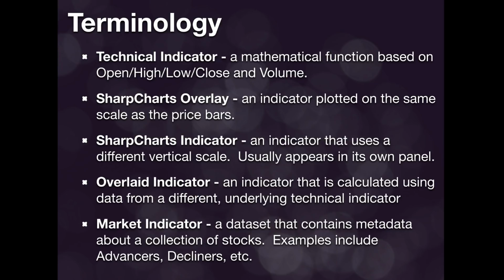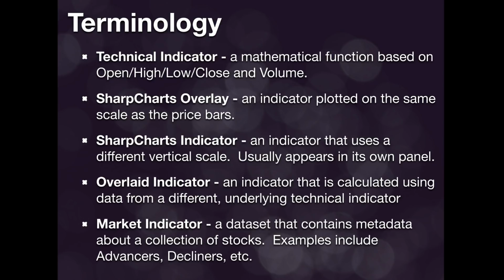We want to talk about this terminology. There are a couple of different things where we use the same word in different ways, and so I want to be clear on that. First off, in general, StockCharts.com is about technical analysis. And technical analysis is about taking the price information, the open, the high, the low, and the close, plus volume for each period of a chart, and then running some kind of mathematical formula over that to come up with a different line, a different kind of display on the chart that you can use to understand better what's going on with the price action.